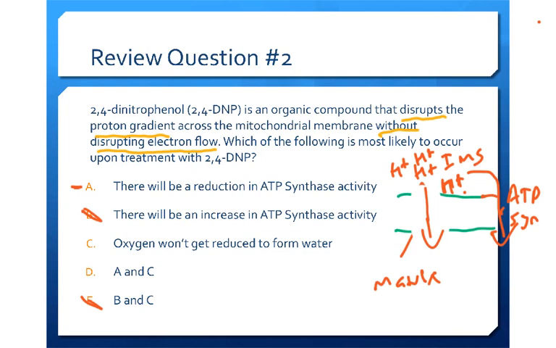Okay, oxygen gaining those electrons reduces to form water. This compound does not disrupt electron flow. Therefore, we will still see our oxygen getting reduced to form water. So, answer C is not correct, and that leaves us with A.